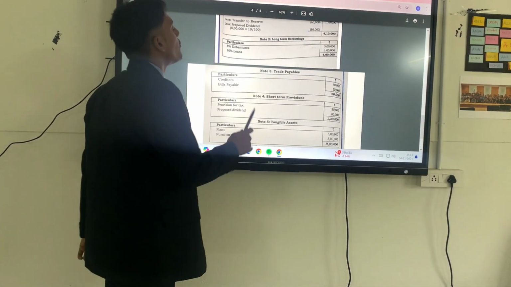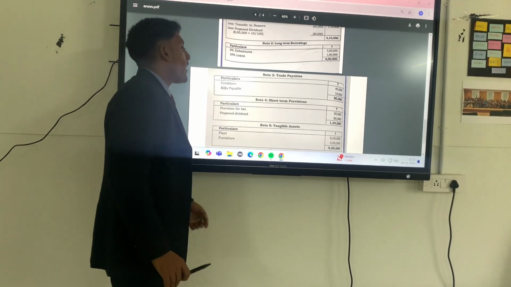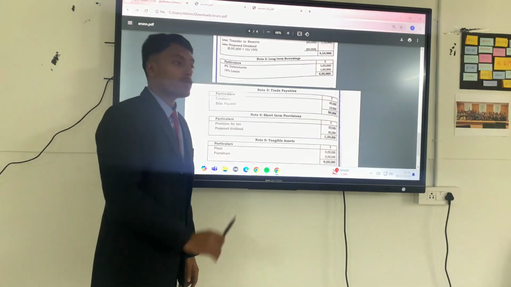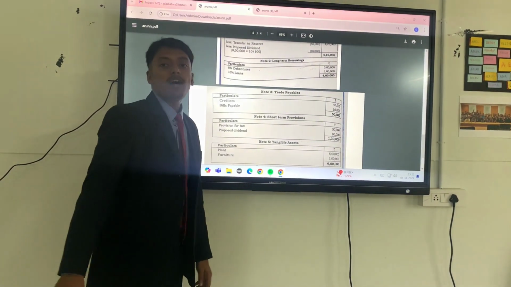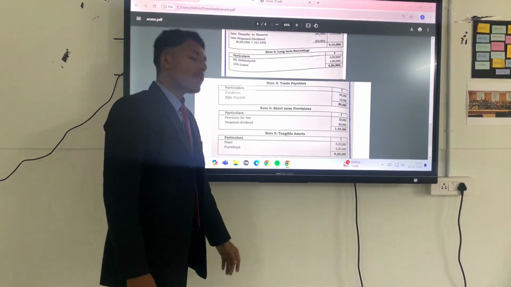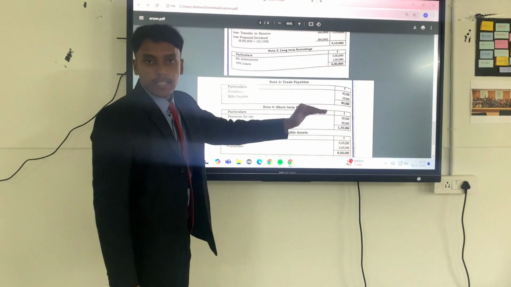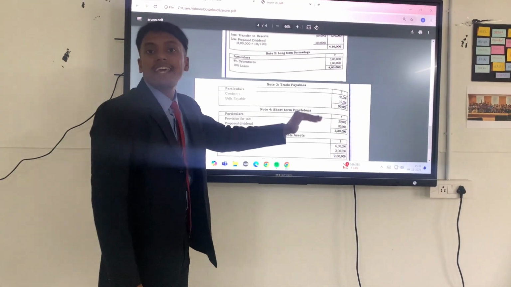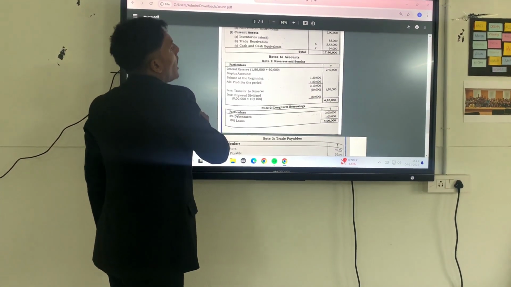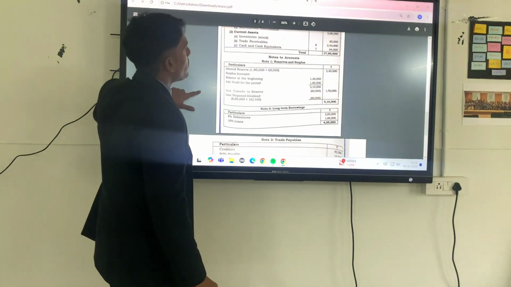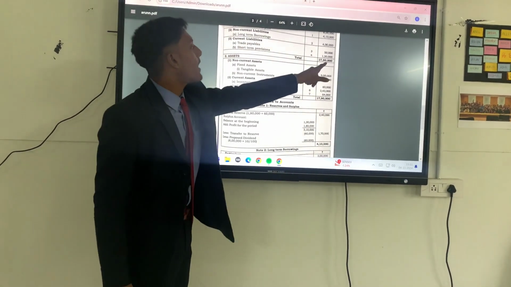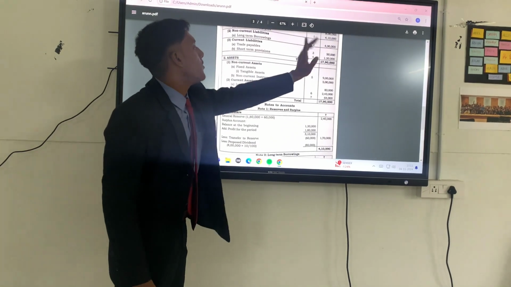Now, number 4, short-term provisions. Under short-term provisions, there comes provision for tax as 50,000 and proposed dividend as 80,000, which we have already discussed. Okay, and 50,000 plus 80,000 gives 1,30,000, and we have shown it as 1,30,000 here.